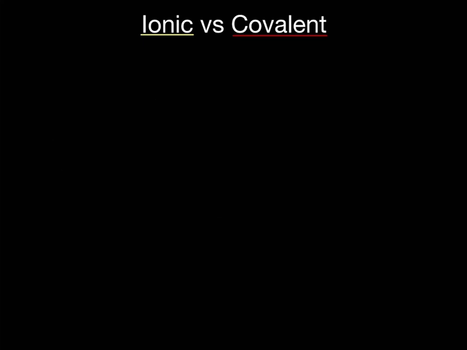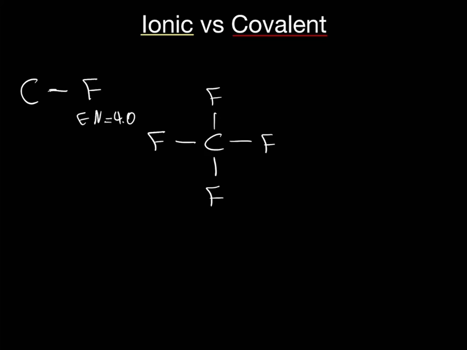So let's look at an example where carbon is covalently bonded to 4 chlorine atoms. If we look at one of those bonds, fluorine has an electronegativity value of 4.0 and carbon has an electronegativity value of 2.5. Therefore, the electronegativity difference is actually going to be 1.5, which is higher than 0.5.